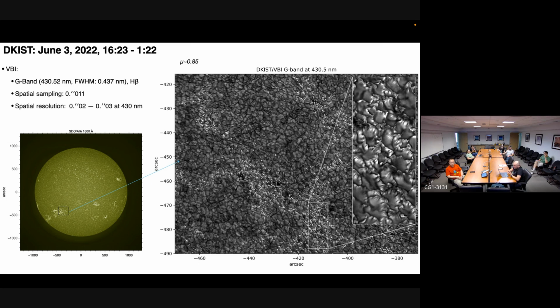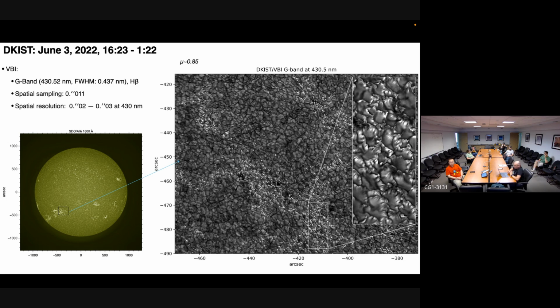We used the VBI instrument, which is the Visible Broadband Imager, a very high resolution, very fast imaging system at DKIST. We used G-band and H-beta channels. I will show you some H-beta images later, but let's focus on G-band now.